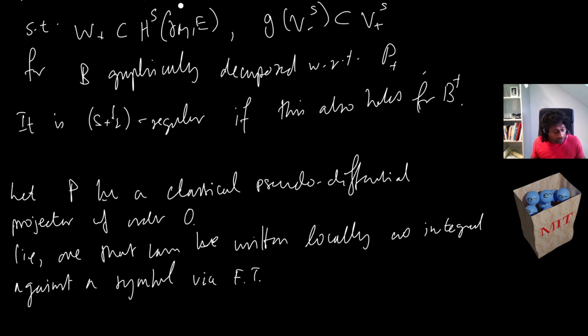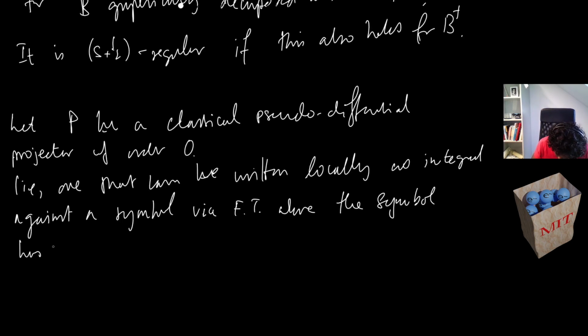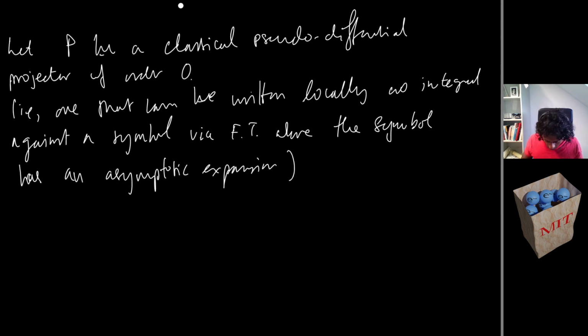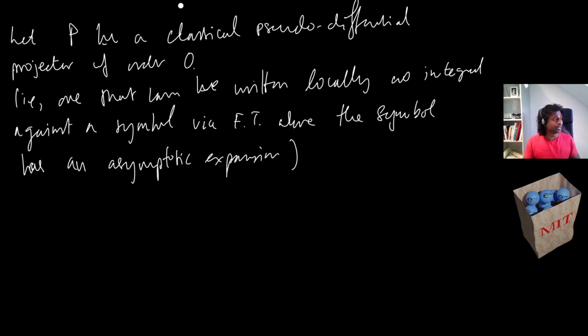So it's local, so we can exploit the Fourier transform, where the symbol has an asymptotic expansion. So that's the classical nature of it, right? This asymptotic expansion is the classical nature of it. But I don't want to get into it. I'm going to brush this under the carpet.